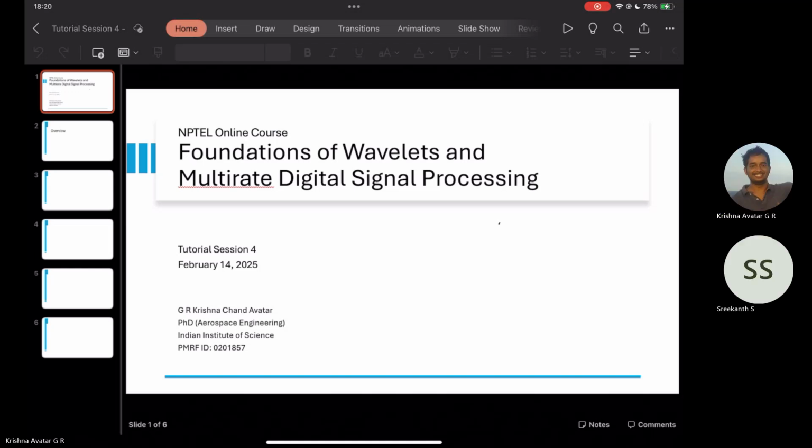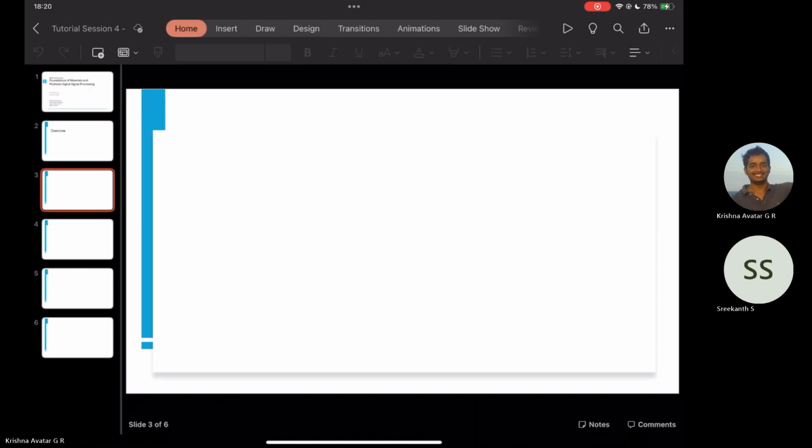Okay, so let's begin with week 4 of this course. In the last session, we had discussed the synthesis and filter banks in general. And we had talked about the Haar filter bank, which is the most fundamental bank, right?